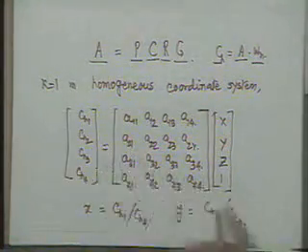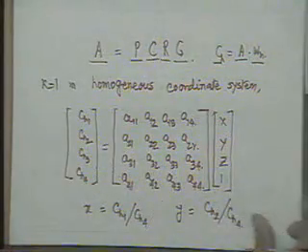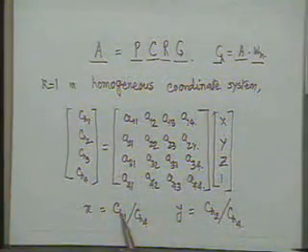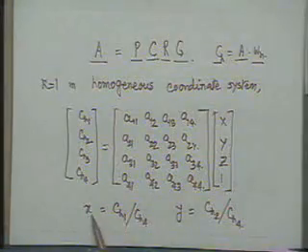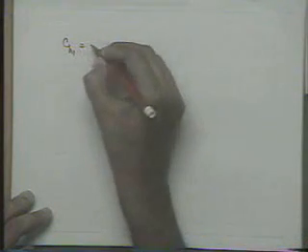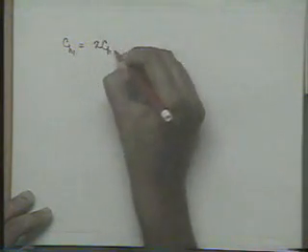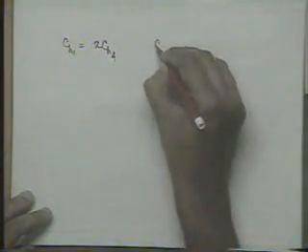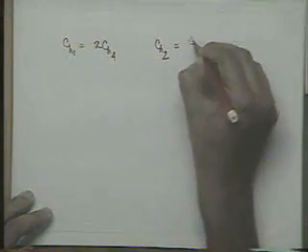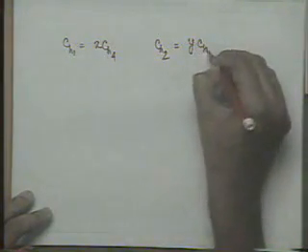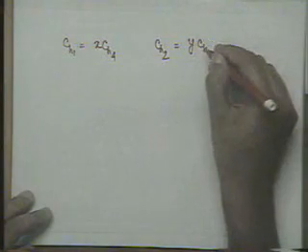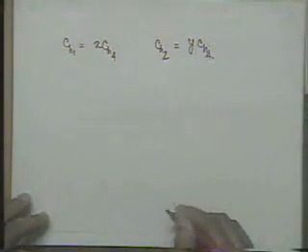Now, in place of CH1, I substitute X times CH4, so CH1 should be X times CH4 and CH2 should be equal to Y times CH4, correct?